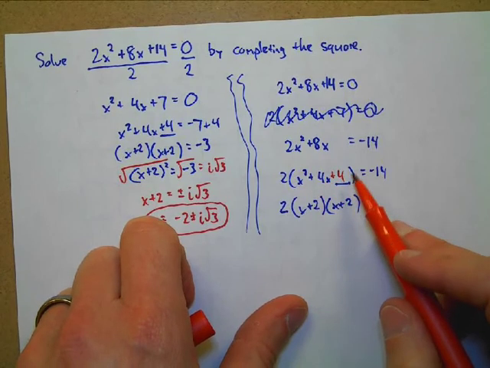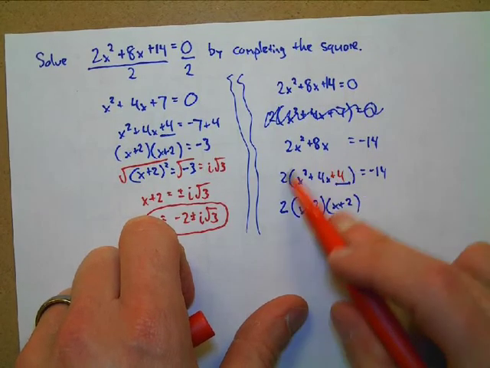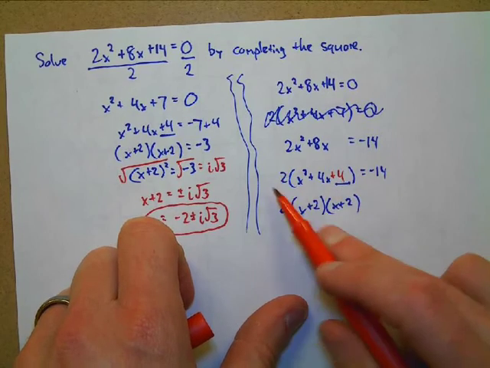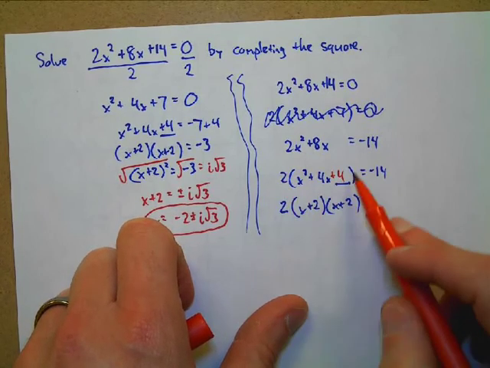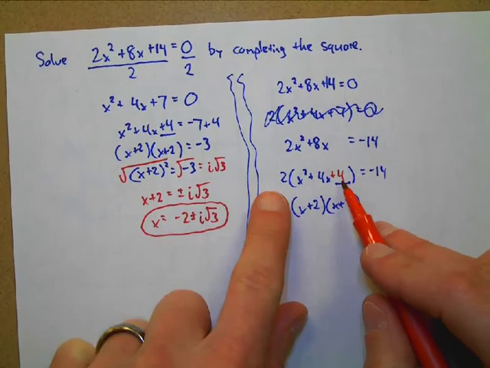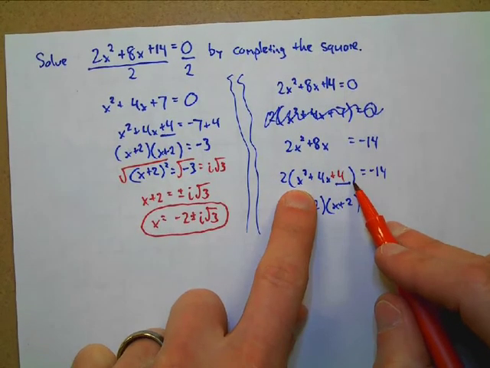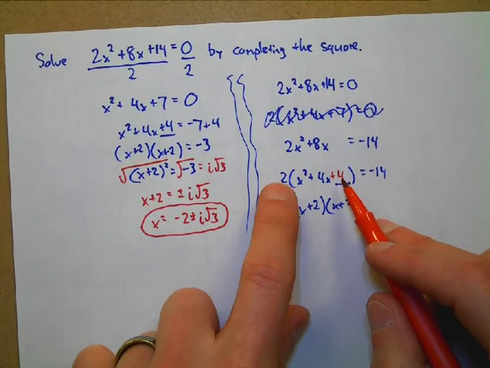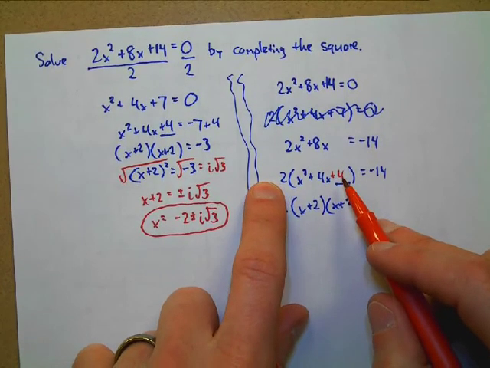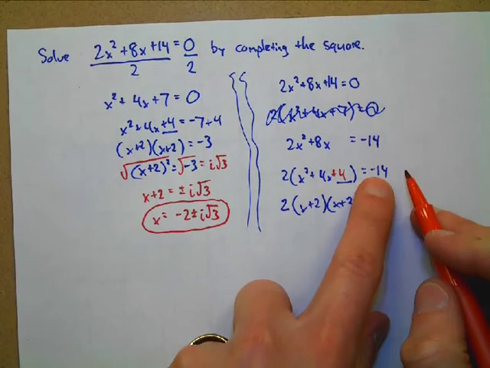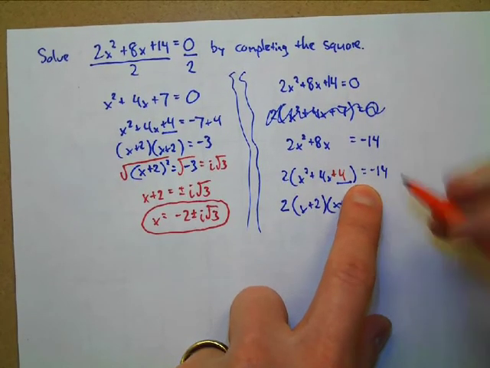What value did I actually add to the left-hand side of this equation? 8. Why? 4 times 2. This 4 is inside the parentheses and has a 2 in front of it, so adding this 4 in is really adding a value of 8. So when I balance it out over here, what should I really add? 8.